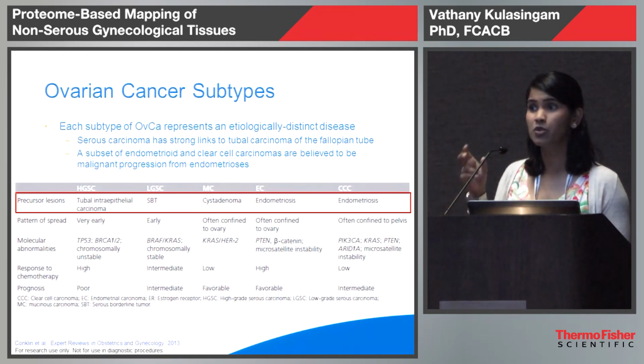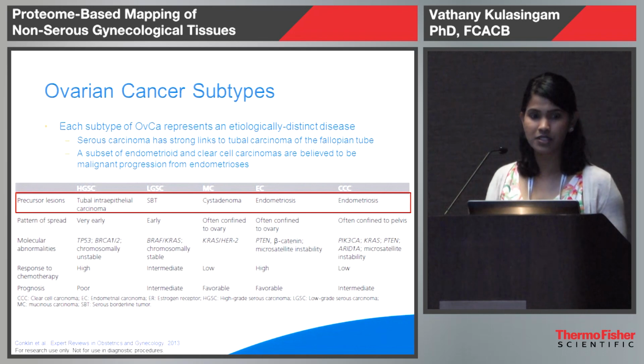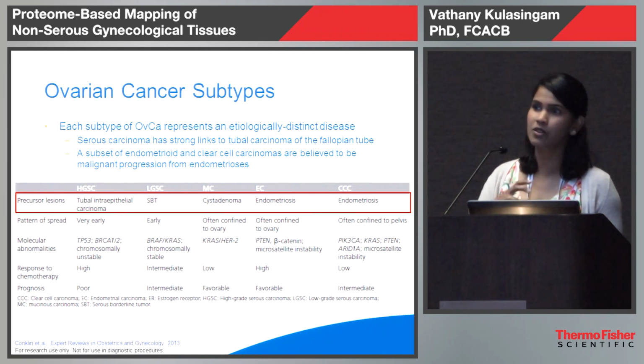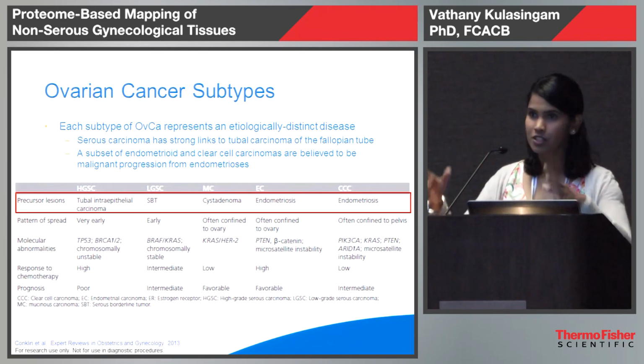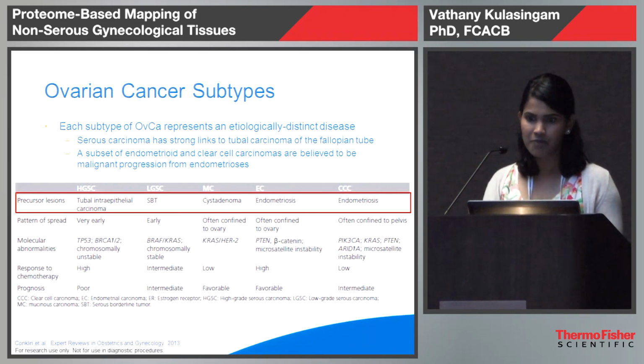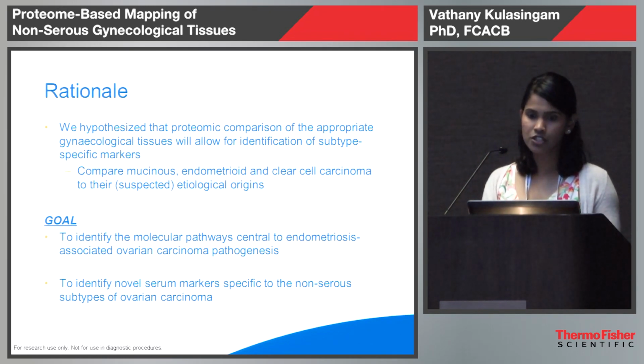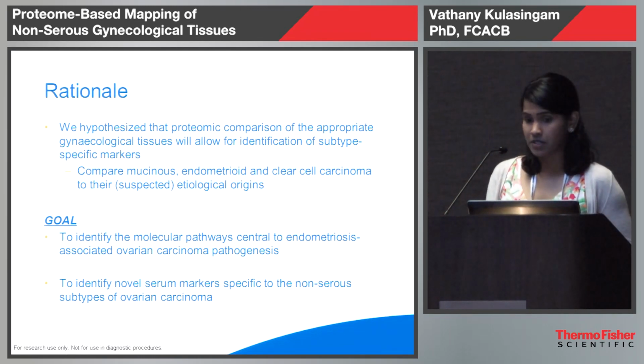And the other subtypes are quite different compared to serous. So one size really doesn't fit all, and it goes back to our precision medicine topic. Our rationale here was that proteomic comparison of the appropriate gynecological tissues may allow us to identify subtype-specific markers.